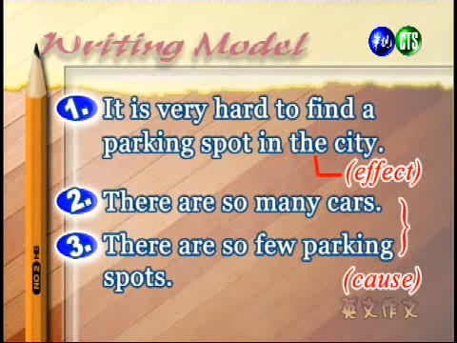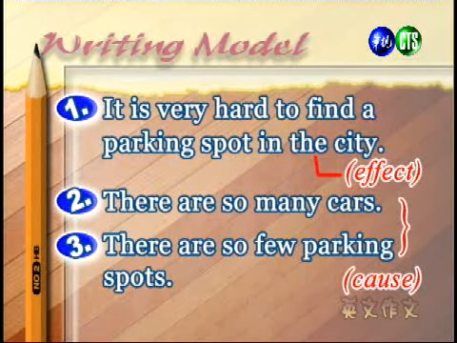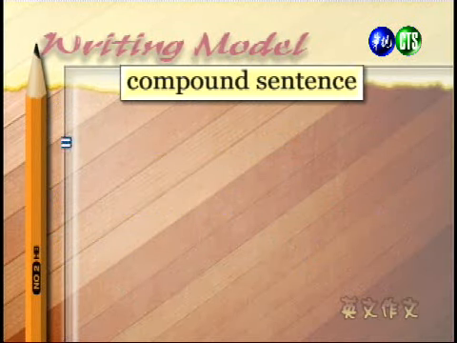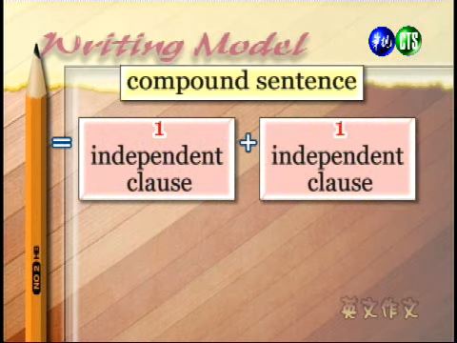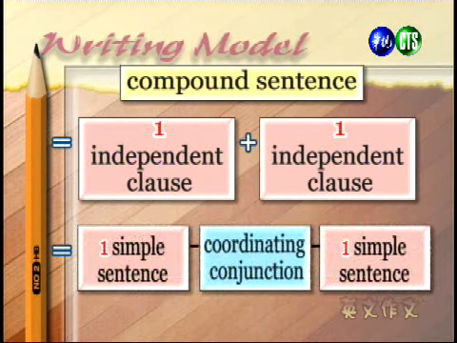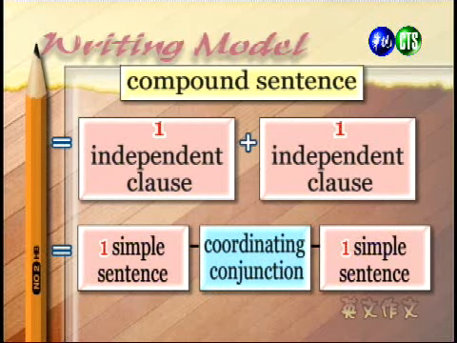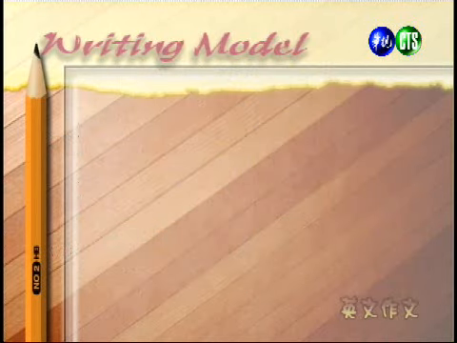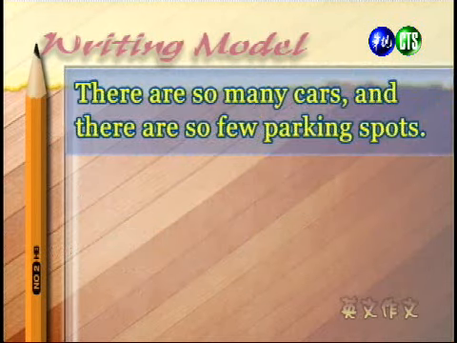Right, now first what we can do is we can combine sentences 2 and 3 together by making a compound sentence. A compound sentence has 2 independent clauses, and we can combine these 2 independent clauses together with a coordinating conjunction. What we can end up with is this sentence: there are so many cars, and there are so few parking spots.